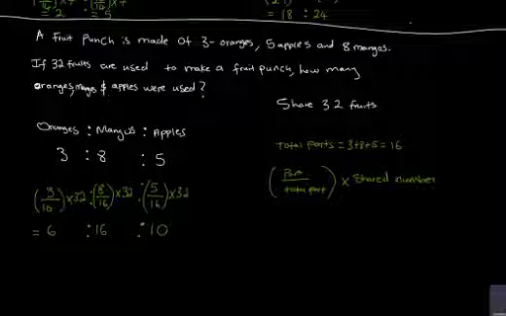All right, so what this means is that out of all those 32 fruits, 6 are oranges, 16 are mangoes, and lastly, 10 are apples.